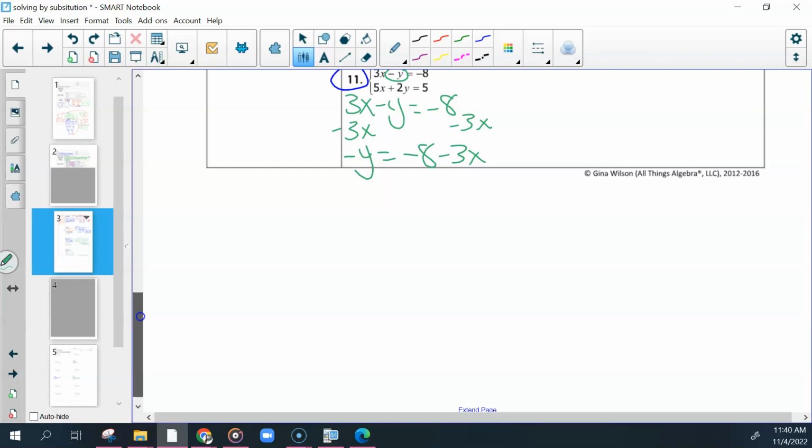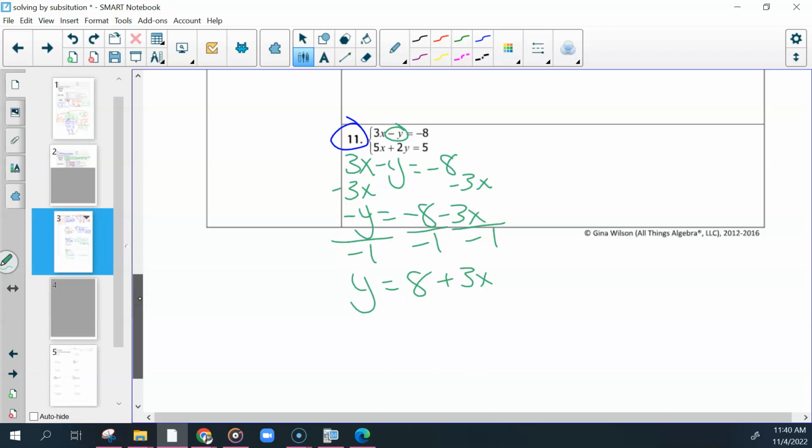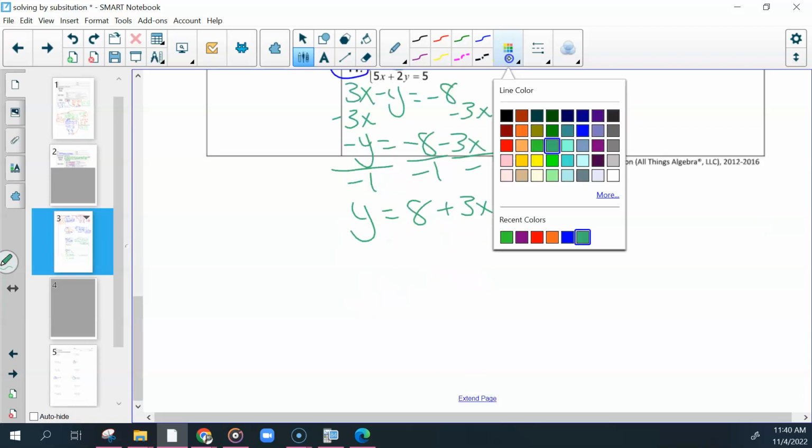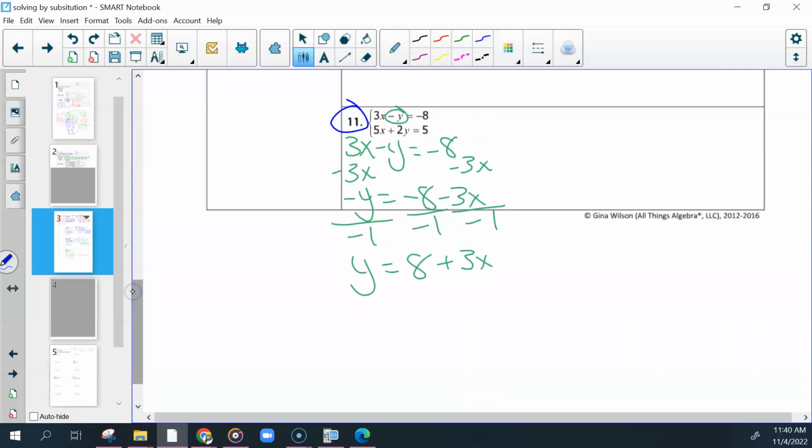Combine by negative 1. Yes, but you need to still say divide everything by negative 1. And then put that back into the other. Make sure you are putting it back into the other equation, not the same one, because the variables will cancel when you don't want them to, if you put it back into the same one.